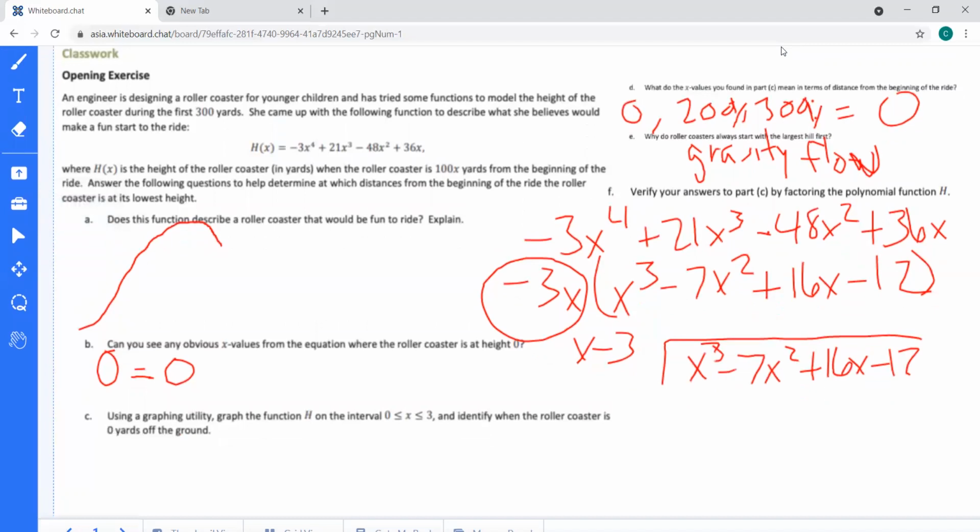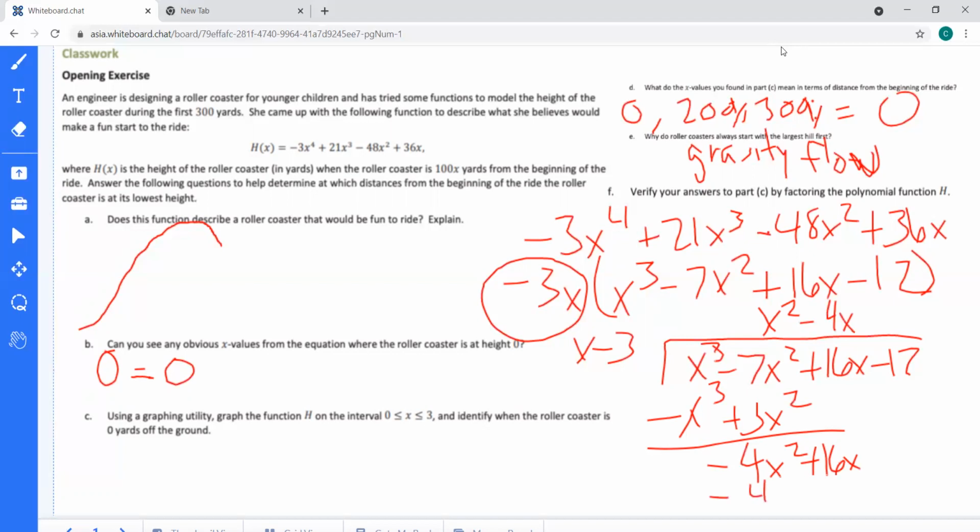So how do I get x cubed from x? I'm going to say x squared, x cubed minus 3x squared. Negate that, I get negative 4x squared plus 16x. Minus 4x. That's going to be negative 4x squared plus 12x.